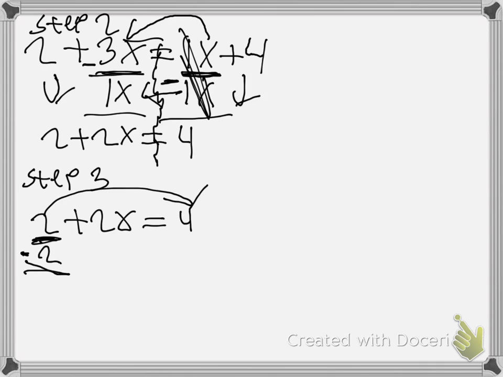If you have $2 and you spend $2, how much would you have? You would have no dollars. Whatever we do on this side, we gotta do on this side. So we said minus 2 on this side, we gotta do minus 2 on that side. 4 minus 2 is 2. So I'm gonna rewrite it. This falls.